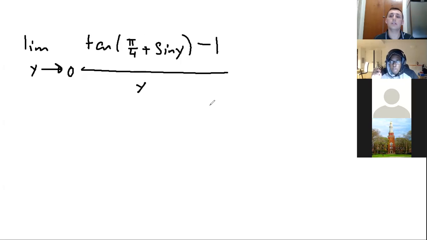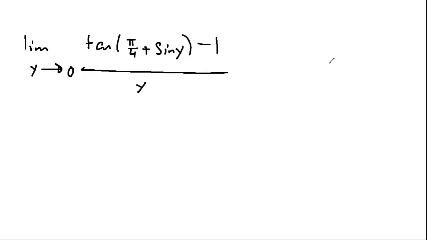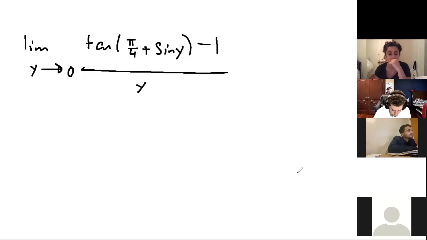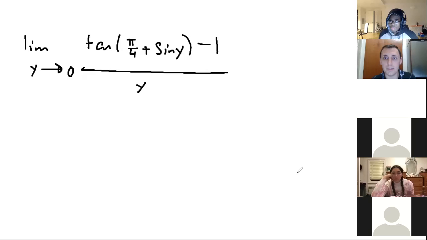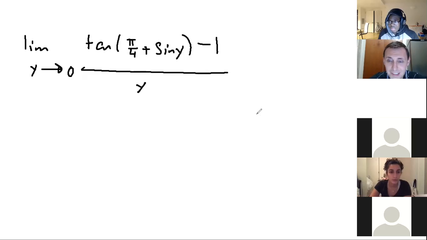Oh, okay, sorry. No trouble. Do you recognize this limit? You say yes. So what is that limit? Isn't it sine y over y equals 1? But it's sitting inside of the belly of tangent.